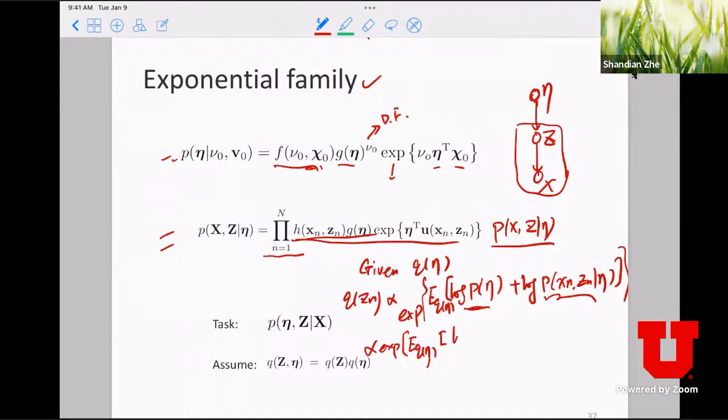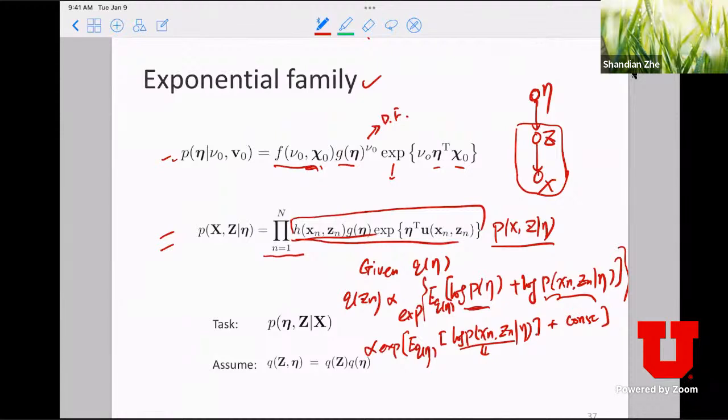You only have this log p xn Zn given eta that needs to be carried, right? All the other things are just constant, because they have nothing to do with Zn. Okay? So now you just need to take a logarithm. This is log p of xn Zn given eta, right?